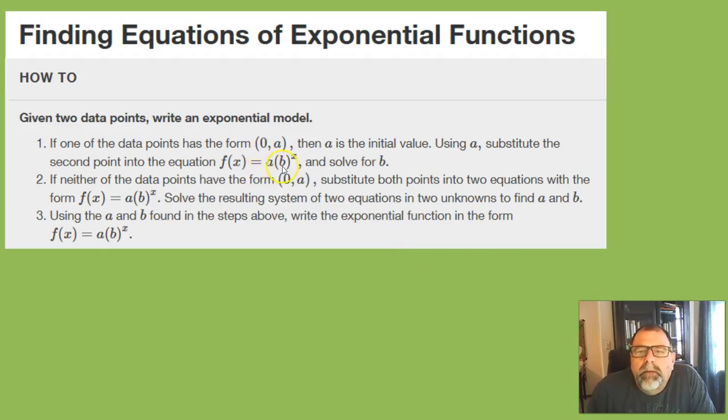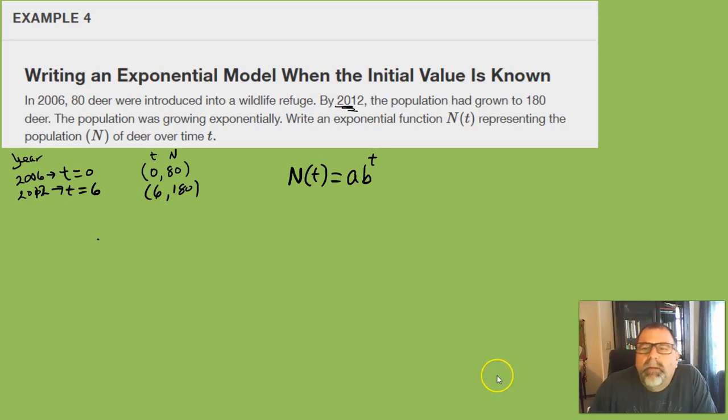Okay, so now we're going to plug in the 80 for the a, and then plug in the second point, b, which is the 180, and for t is 6, and we're going to solve it for b. Oh, actually, I think I messed up. We're going to plug in the 80 for a, right?